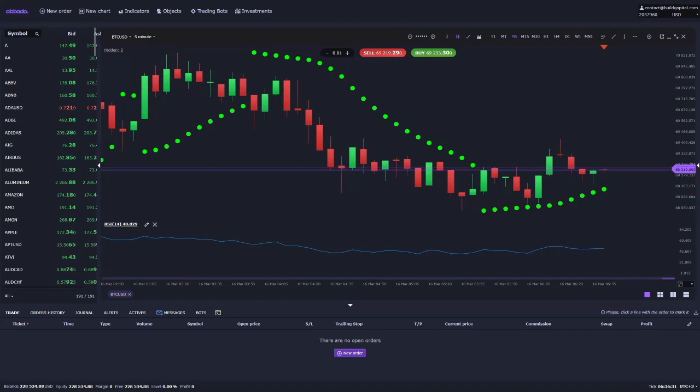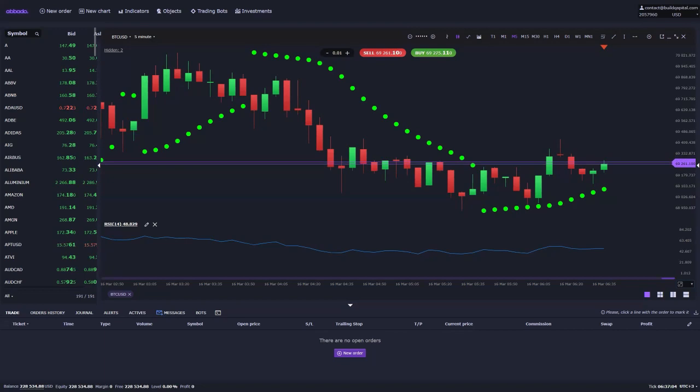The max amount of pairs that I'm looking at is around 2 to 3. And even that can become overwhelming. So what I would focus on is try to find those 2 to 3 pairs that you want to be trading long term, and just stick to those and learn them and learn how they move, and understand how their volumes are, and exactly which times during the day they have a lot of volatility.